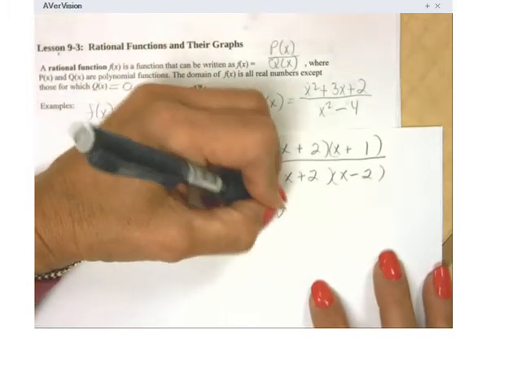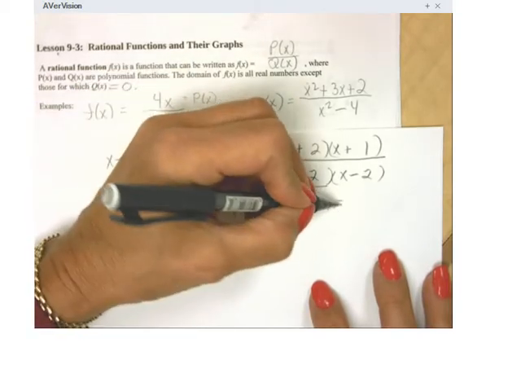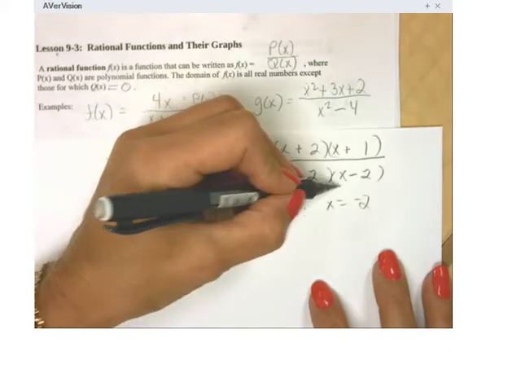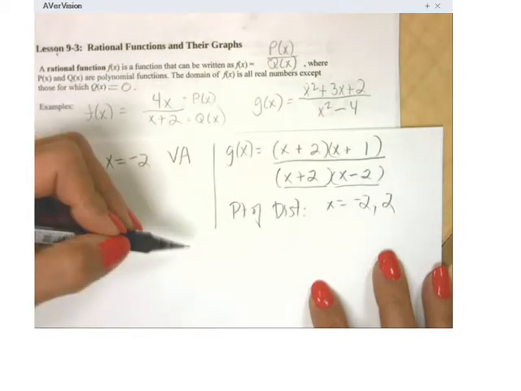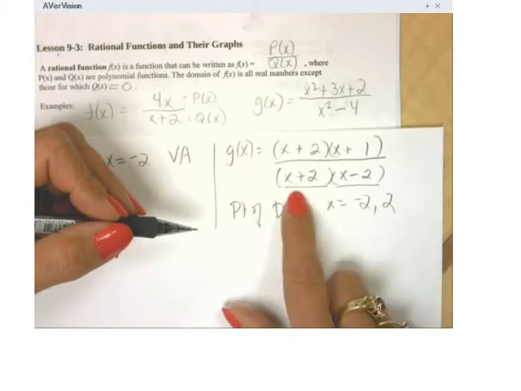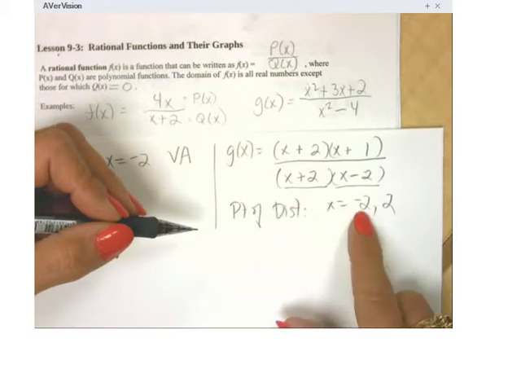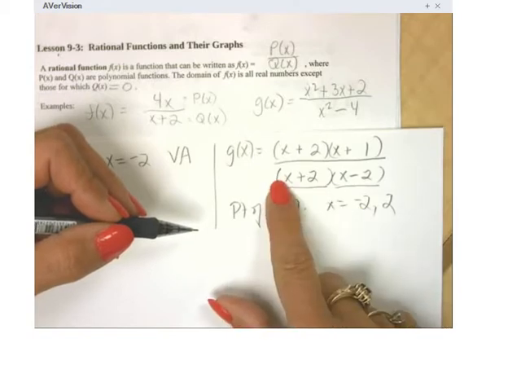So now I have the factoring. Now, I have points of discontinuity. I can see I have an issue if I plug in an x value of negative 2. I also have an issue if I plug in an x value of 2. Both of those are places that we call points of discontinuity because they make my denominator undefined.